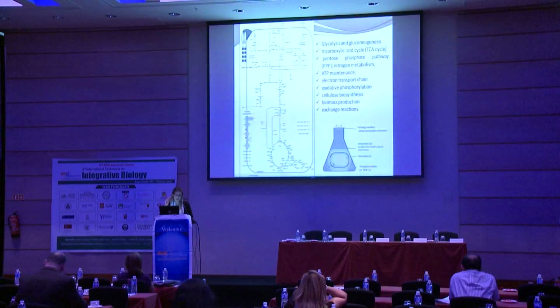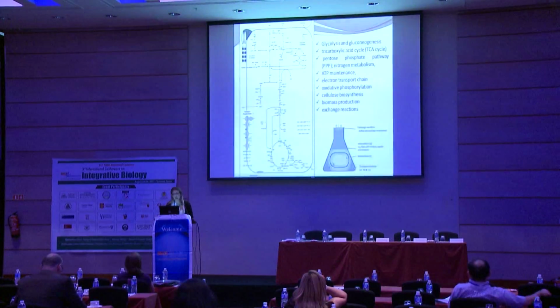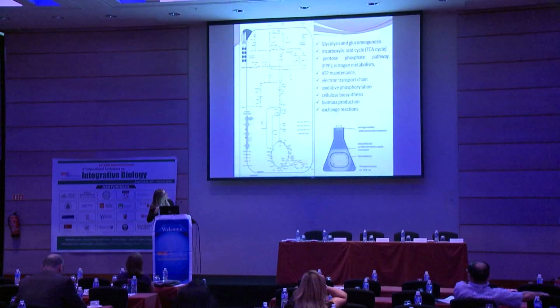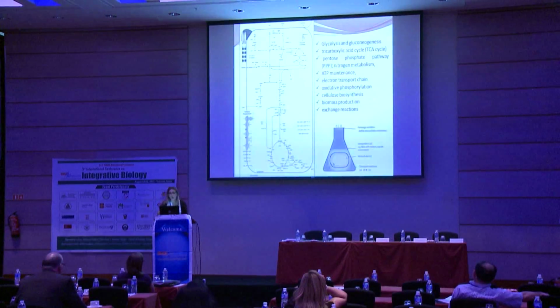So, to understand the cellulose biosynthesis, this core model was built with all the main metabolic pathways. And this is actually our core model. This is the cell, and you have all the reactions, up to the production of the fibers, so the nanocellulose synthesis.